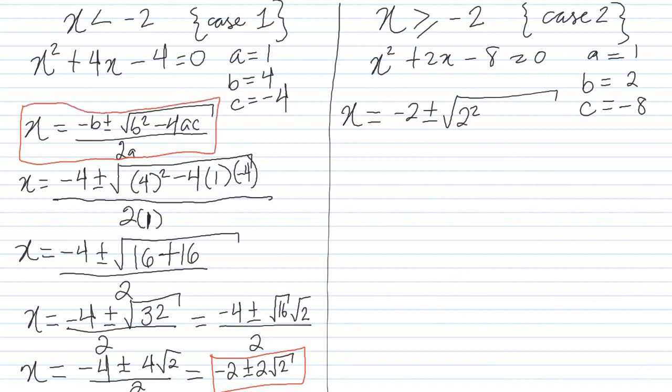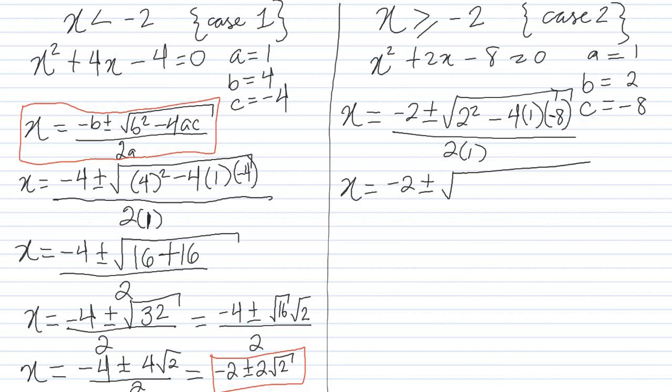Copy what we have on the left hand side and just substitute the values. So b squared is 2 squared, minus 4ac, 4 times 1 times c, which is negative 8, over 2a, which is 2 times 1. So x equals negative 2 plus or minus the square root of 2 squared, which is 4.